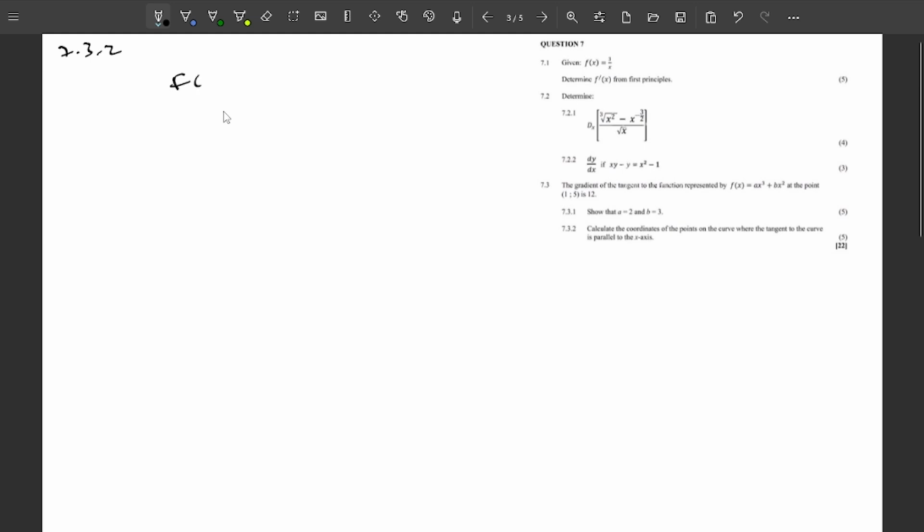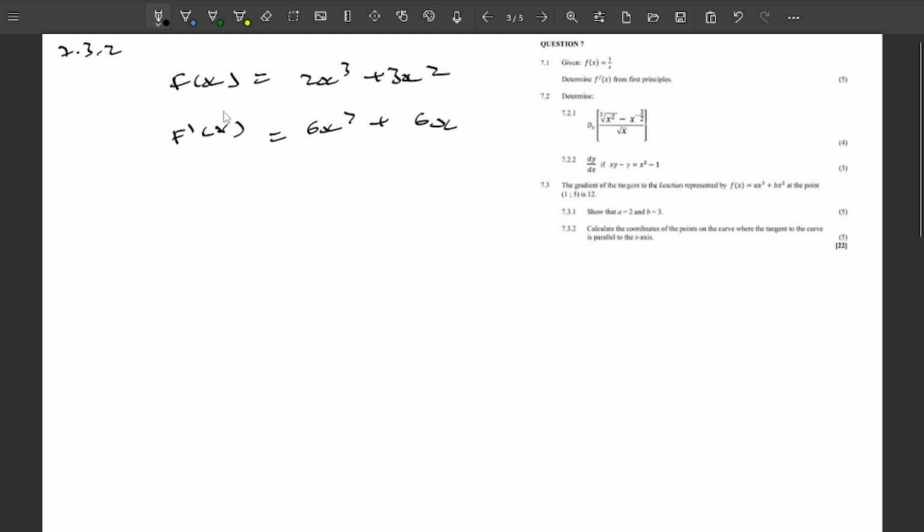Since we know that our function is 2x cubed plus 3x squared, our cubic function, we can derive it. The reason I'm deriving it is that to find the gradient of the tangent, we have to derive first. So it's going to be 6x squared plus 6x.